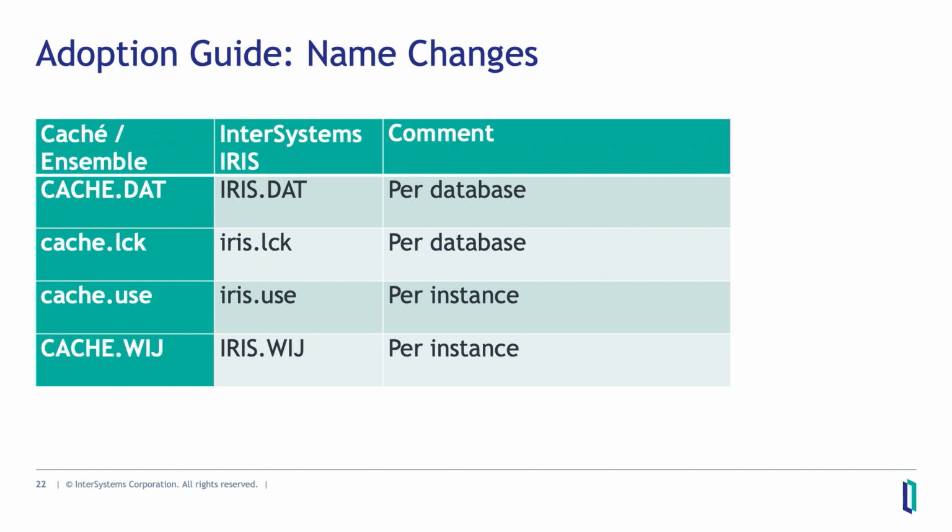You just have to make sure that you rename it, right? Because it doesn't know the IRIS name, it does not know caché.dat. Make sure when you move the database, it was shut down from the instance. You don't want an in-between state with your database, because that would be bad, right? But other than this, you can just take an existing database, mount it into InterSystems IRIS, and it will just work.